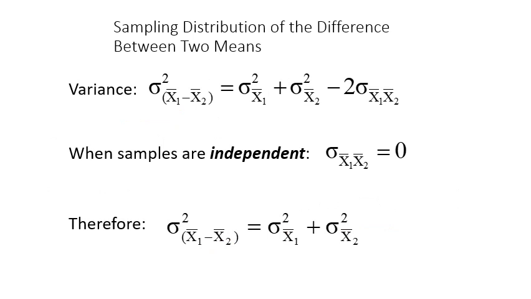The variance of the differences is equal to the variance of the means of sample 1 plus the variance of the means of sample 2 minus 2 times the covariance of 1 and 2.